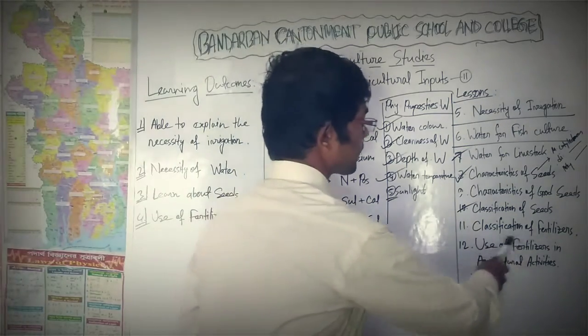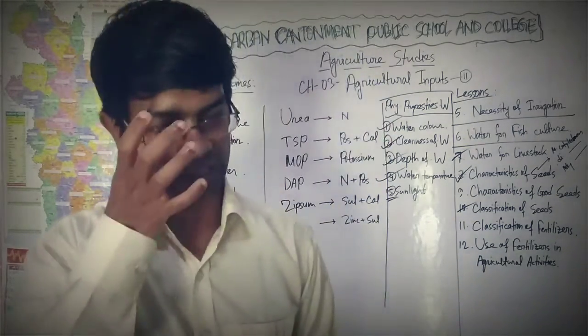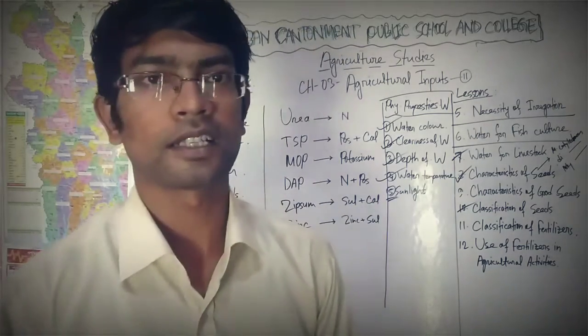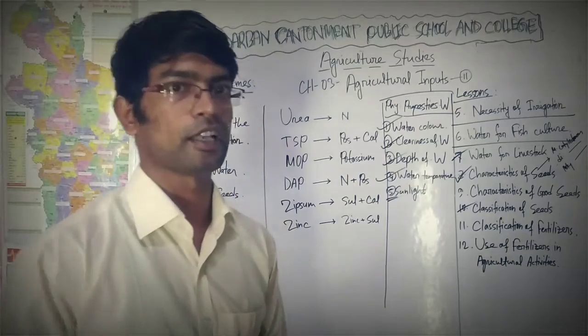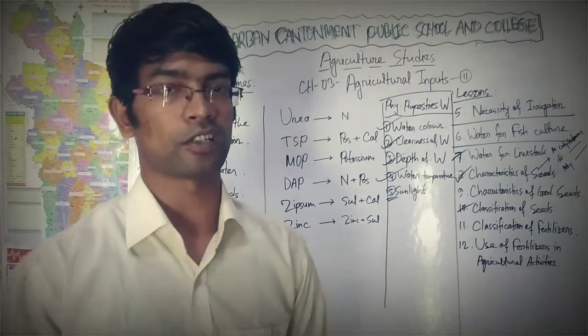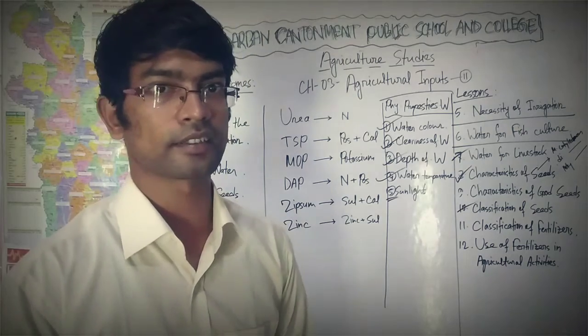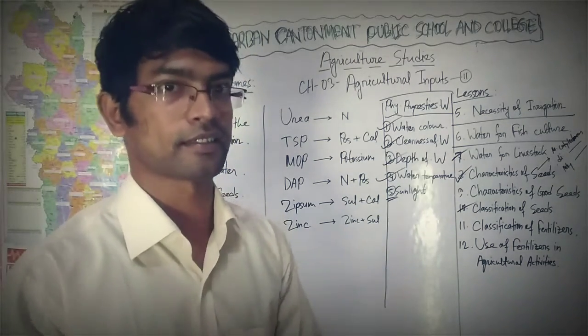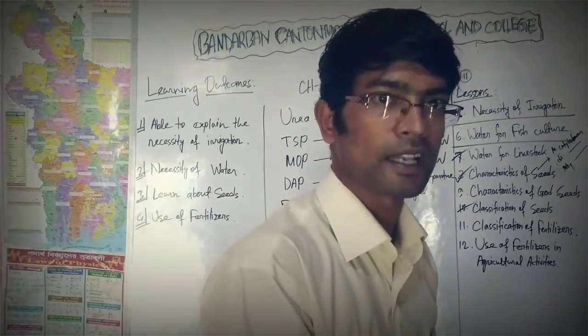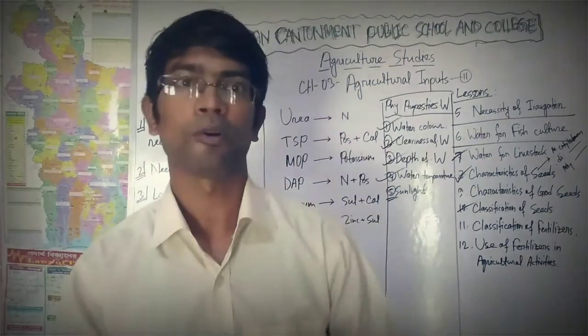And then classification of fertilizer. You know about the fertilizers. Fertilizer means green manure, chemical fertilizer, organic fertilizer. Yes, biomass plant. This is organic, and cow dung is an organic fertilizer. But chemical fertilizer is very important.